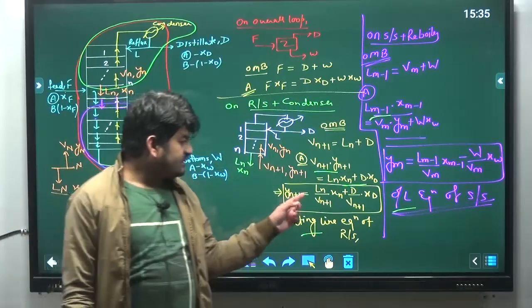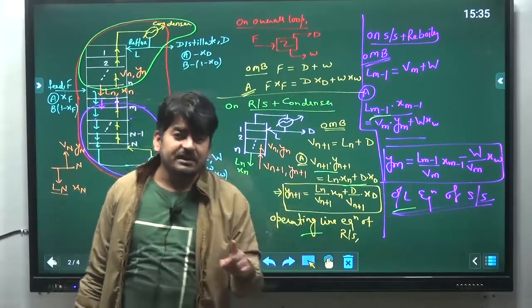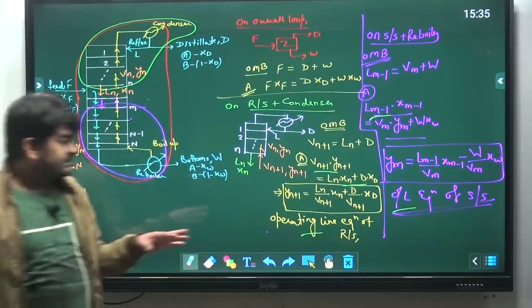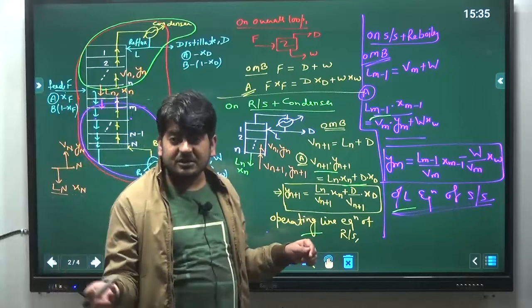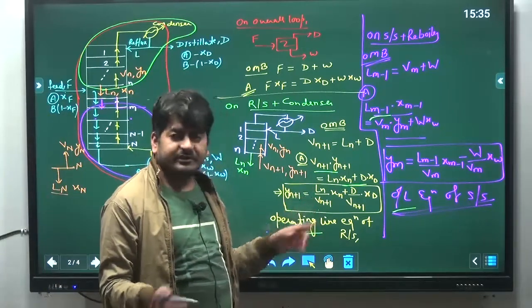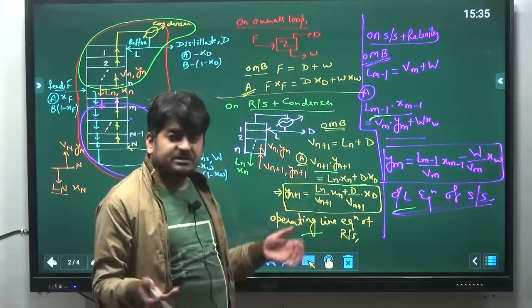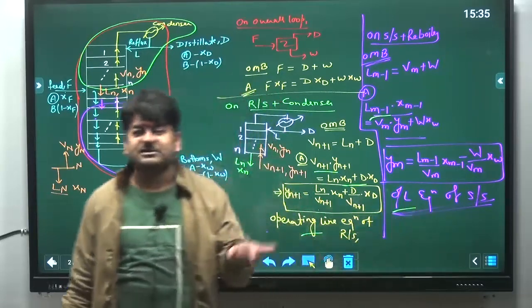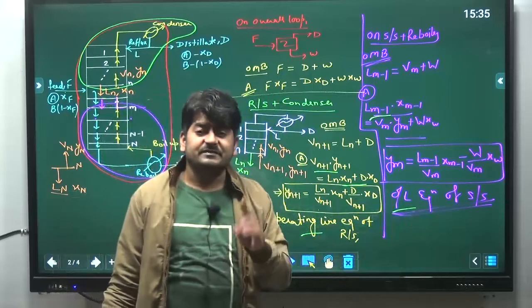Dimensionless means when you write in dimensional form, the molar flow rates will get cancelled. Mole fraction does not have any dimensions. So operating line equations are dimensionless equations, but not unitless.